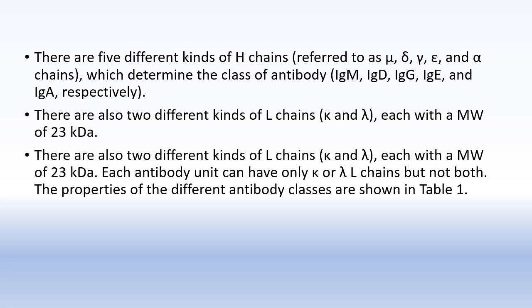There are also 2 kinds of L chains, kappa and lambda, each with a molecular weight of 23 kilodalton. Each antibody unit can have only kappa or lambda L chains, but not both. The properties of the different antibody classes are shown in table 1.